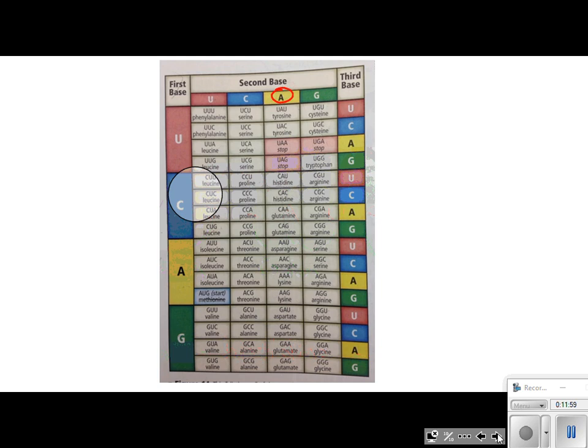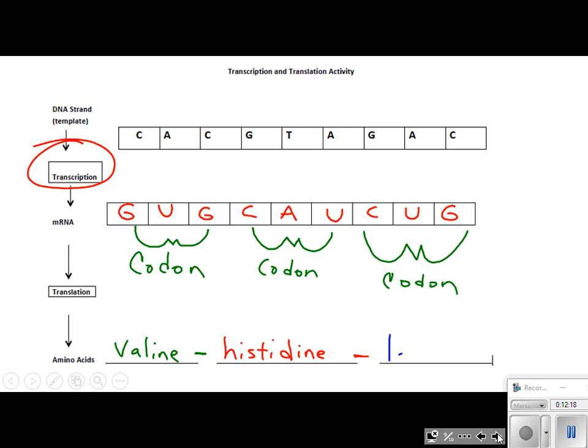C U G. What is it? Leucine? Right? Leucine?